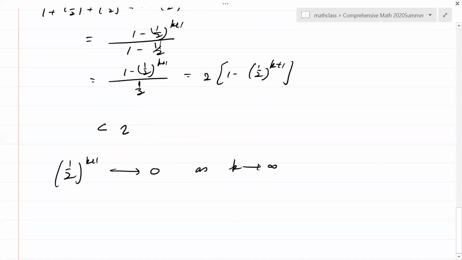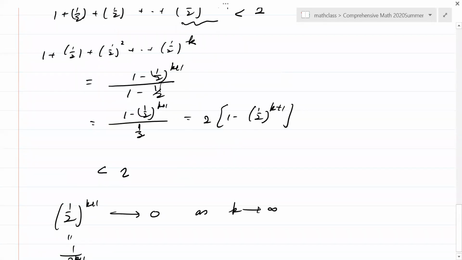Because this number can be simply written as 2 to the k plus 1, right? So the denominator is getting larger and larger, the numerator is getting smaller and smaller. So what does that mean? That means if I let k be sufficiently large, the left hand side is almost equal to the right side. The right hand side is just 2 because this goes to 0.